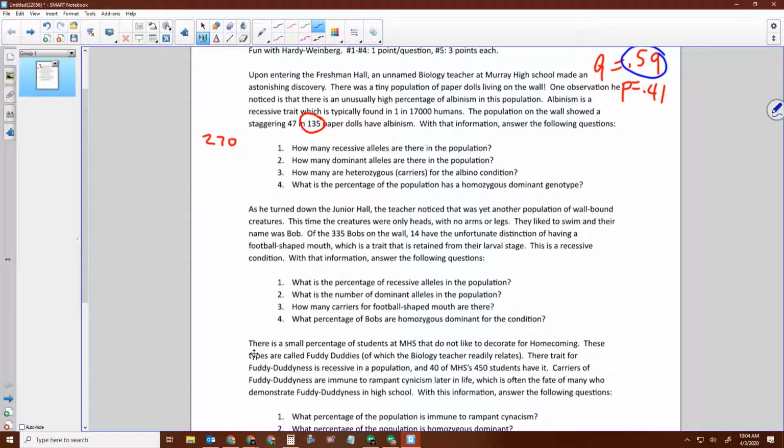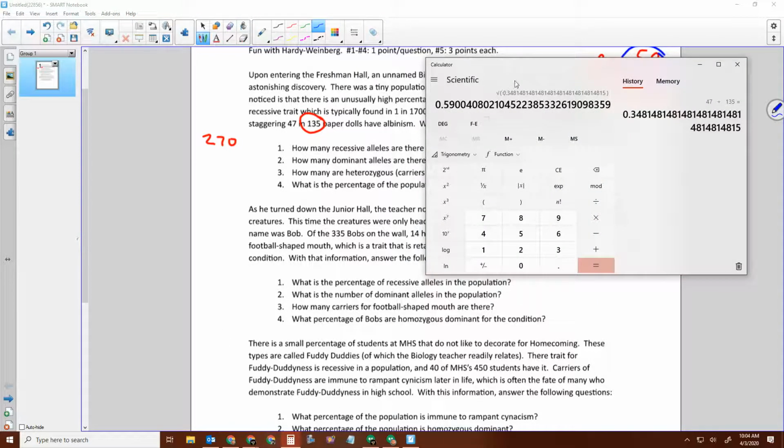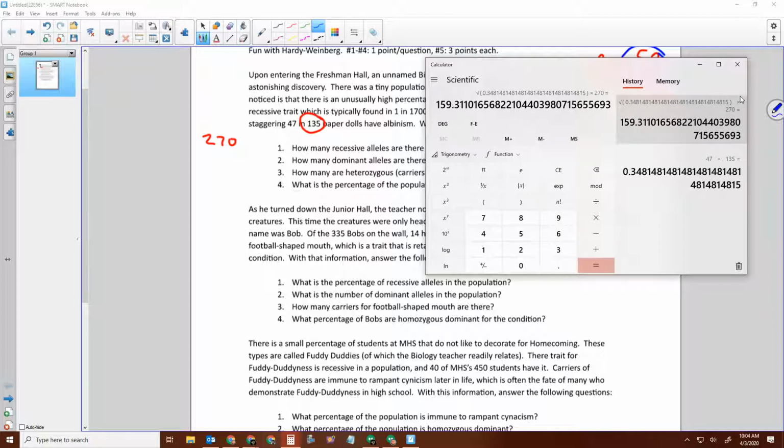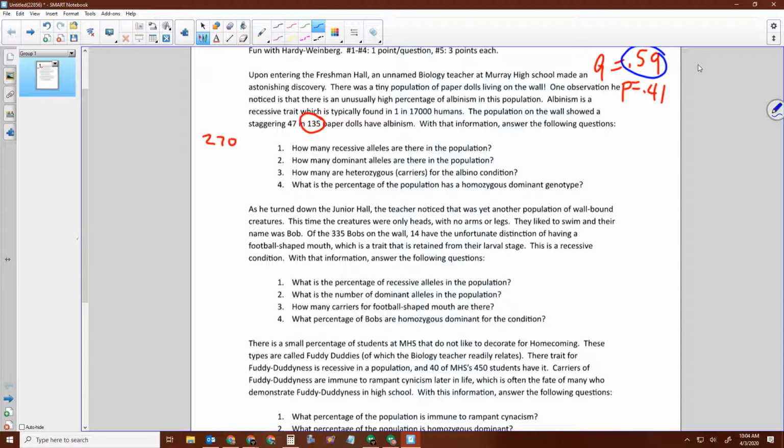And so I'm going to take my 270 and multiply it times this 59%. And I'm going to get 159.3. Now, when we're talking about alleles, obviously we can't have 0.3 alleles. And so you can just round to the nearest whole number in this regard. So we'll say 159.